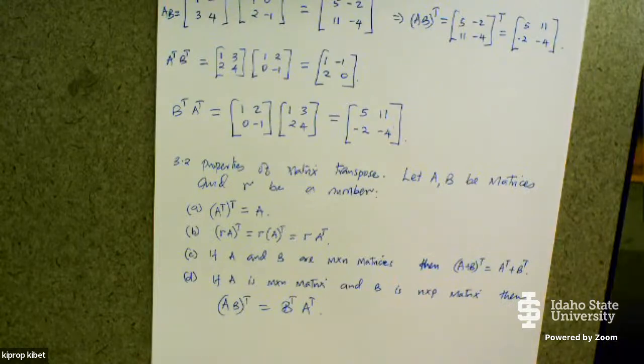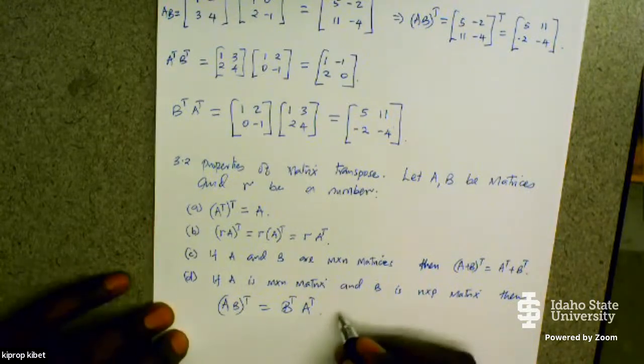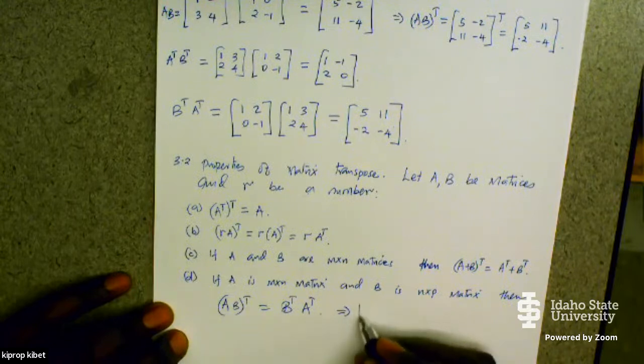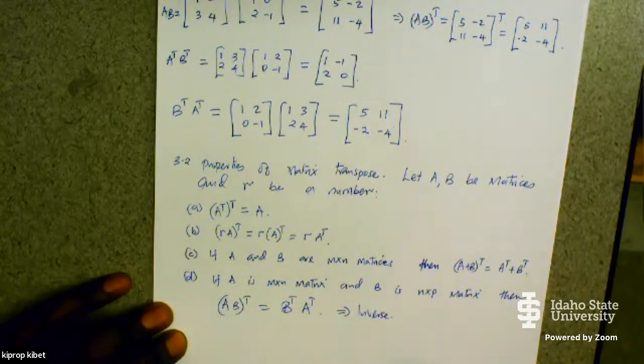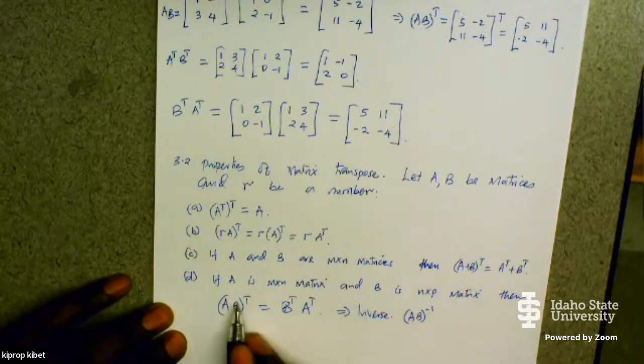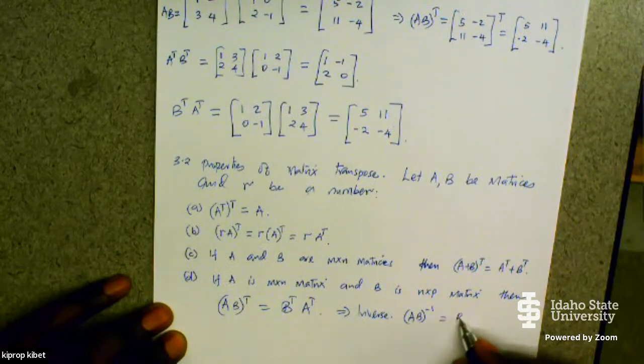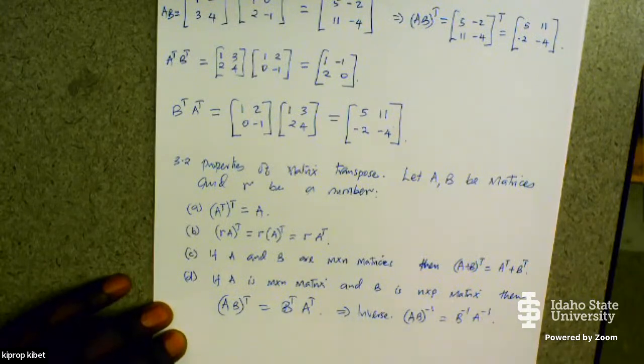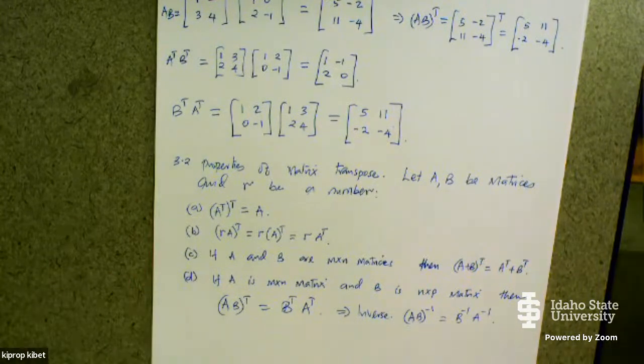This is actually an application of the inverse, which we will see later, whereby (AB) inverse, if we replace this T by the inverse, then it is the same as B inverse, A inverse. We'll just see that.